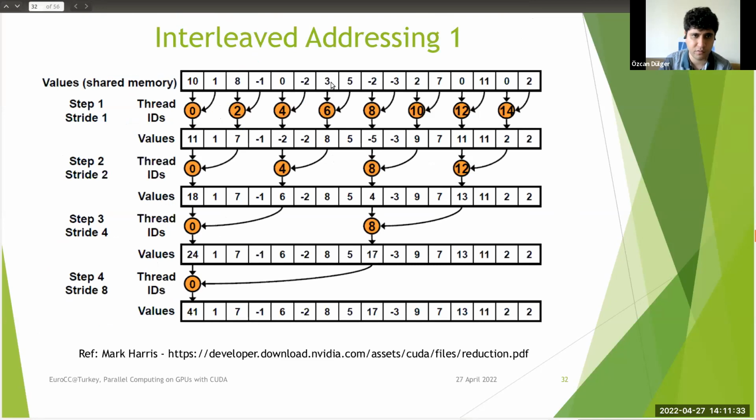Here, the for loop has this operation. In the first iteration, thread 0 sums its current data location and the consecutive one, reads them, sums them and saves the result again.